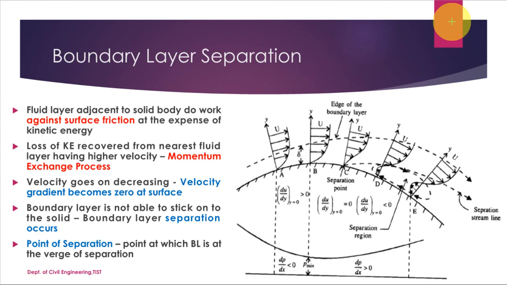Next topic is boundary layer separation. So in this figure you can see a solid boundary, and this is the boundary layer. Okay, and velocity profiles are marked at point A, point B, point C, point D and point E. These are the velocity profiles.